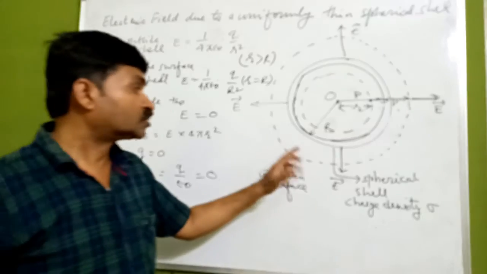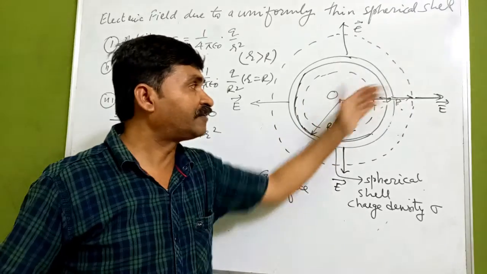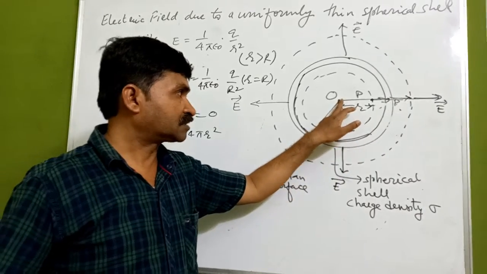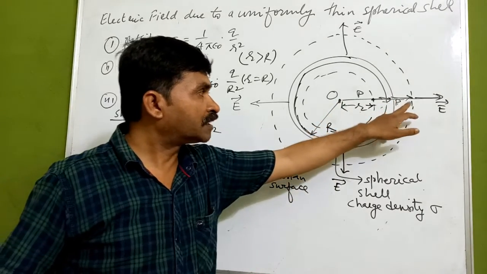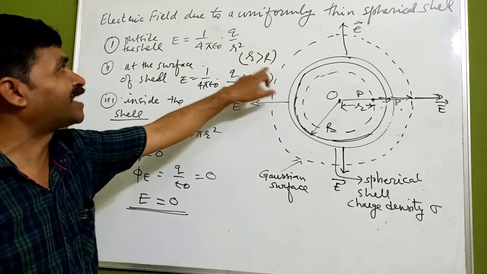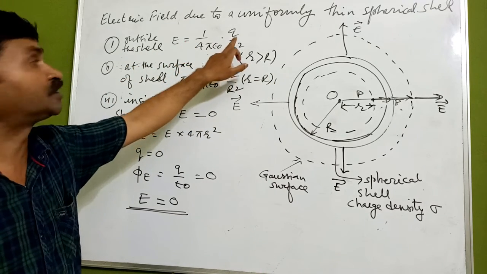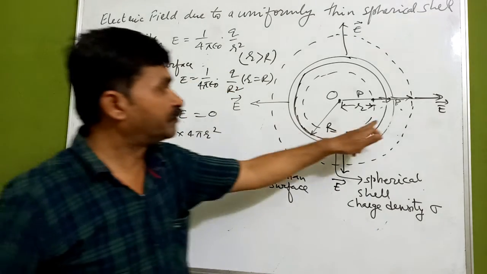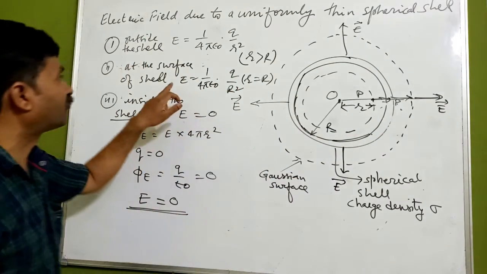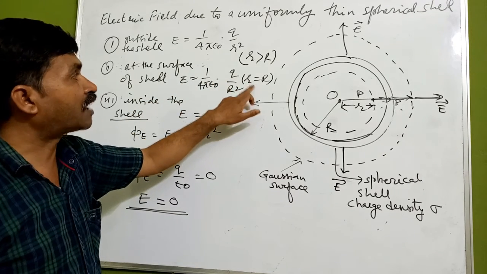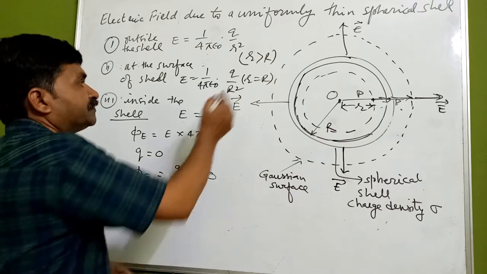So here we see the electric field, which is radially outward in all directions. At this point outside the shell, where R is greater than R, we have got 1 upon 4 pi epsilon naught into Q upon R square. At the surface of the shell, at this thin spherical shell, we have got E is equal to 1 upon 4 pi epsilon naught Q upon R square, where R is equal to R.